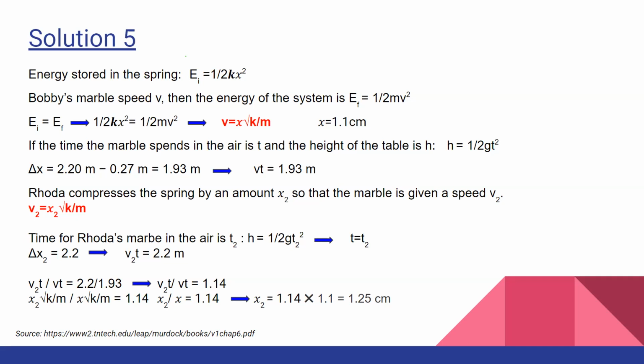Here, v initial is 0 because it fires from rest. The acceleration of the ball is due to gravitational force, so a is equal to g. And then we're trying to get t.